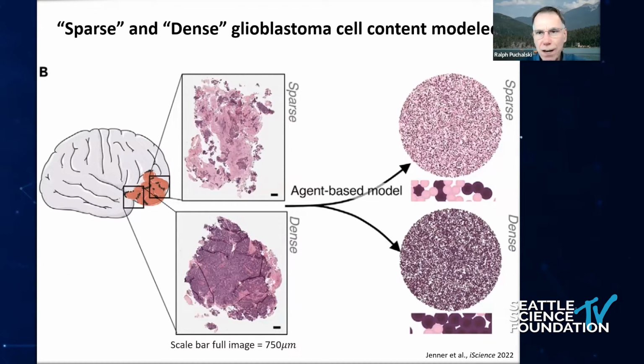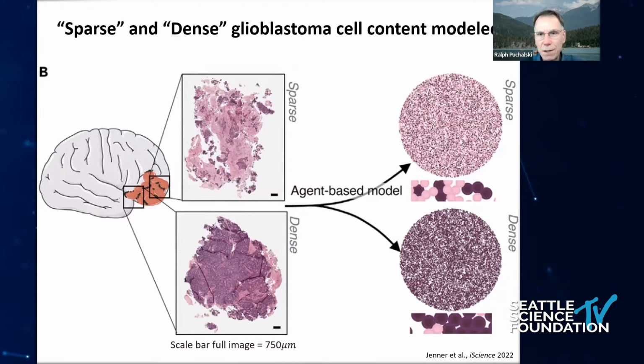This schematic shows how we modeled the sparse and dense glioblastoma cell content. A patient-derived resected glioblastoma was subsectioned into smaller slices, which were then formalin fixed and paraffin embedded and stained for H&E.